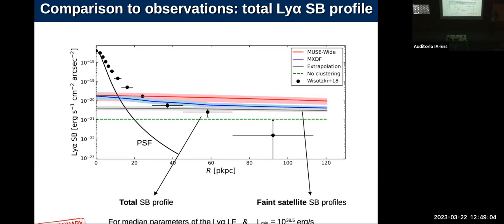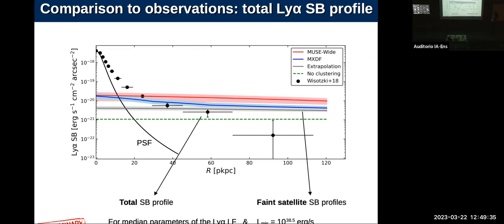You see the three different colors are my three different satellite surface brightness profiles, and just an extreme case here in the dashed green line, where I have assumed that the unresolved sources do not cluster. There is no clustering. They are randomly distributed. This is just an extreme case to see how it compares. This is a preliminary result, not published yet.